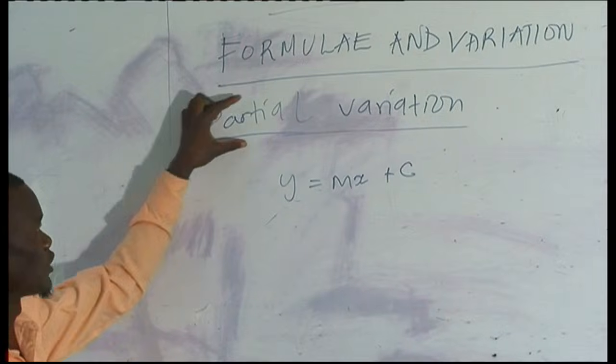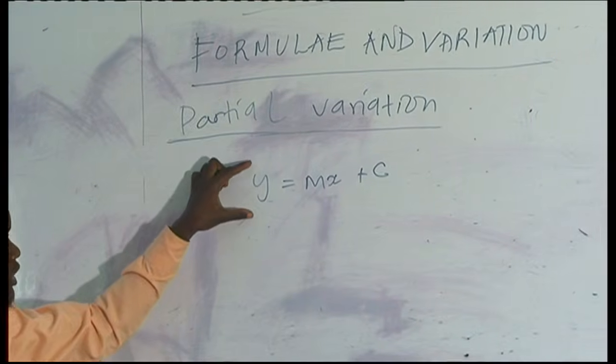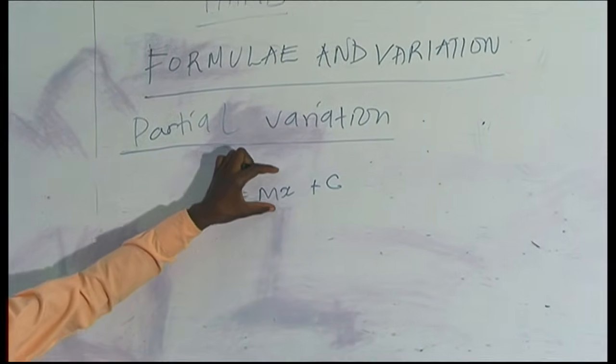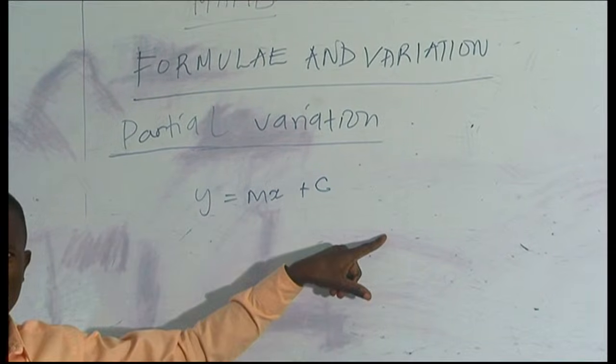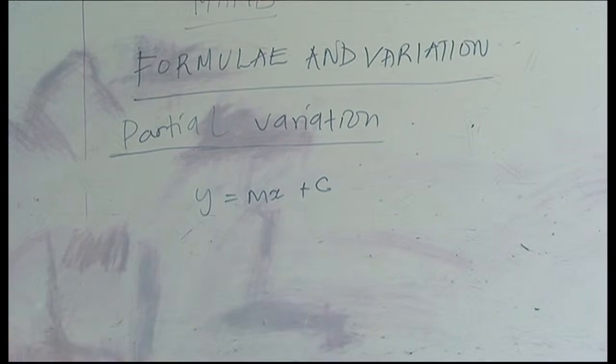So a partial variation is a variation where one quantity varies as the other variable varies, and another part is constant. Okay? Now we want to go through some examples.